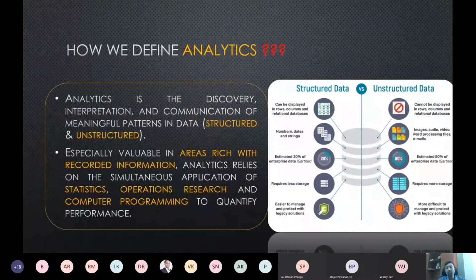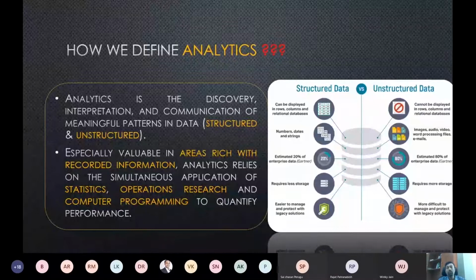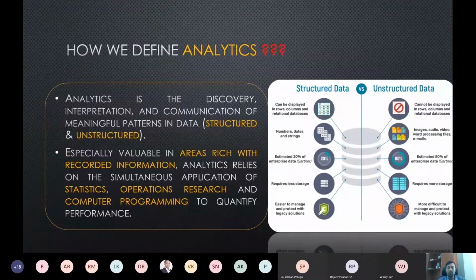Operations research is to build a mathematical model, right? To convert this uncertainty into some sort of mathematical model, whether it is related to demand or supply. We try to model it, right? So that is the job of operations research. You should have a good hold of these three fields. And computer programming for what?